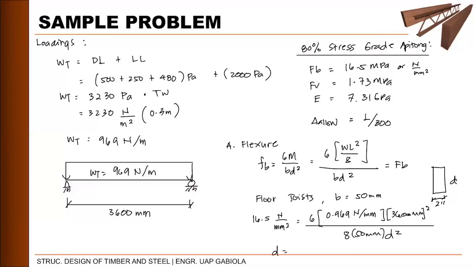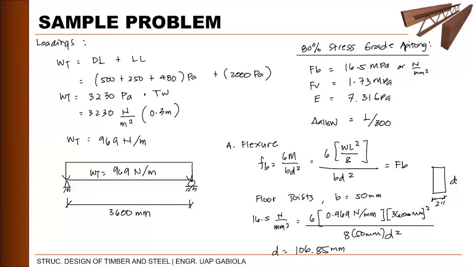So, when we calculate for d, may makukuha tayong value. So, 6 times 0.969 times 3,600 squared all over 8 times 50 times 16.5. Okay? So, d squared pa yun. Square root nun, we will have a value of 106.85 mm.